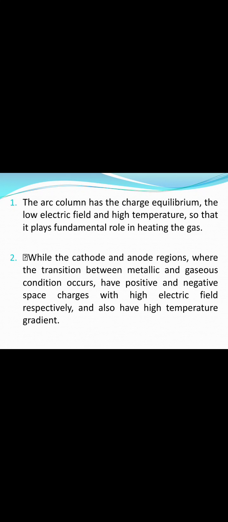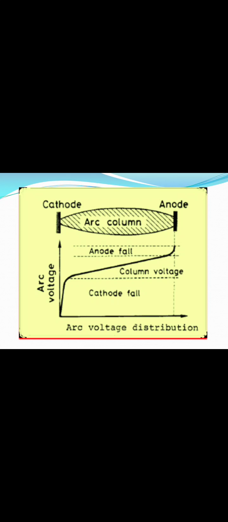While the cathode and anode regions, where the transition between metallic and gas conditions occurs, have positive and negative space charges with a high electric field respectively, and also have a high temperature gradient.